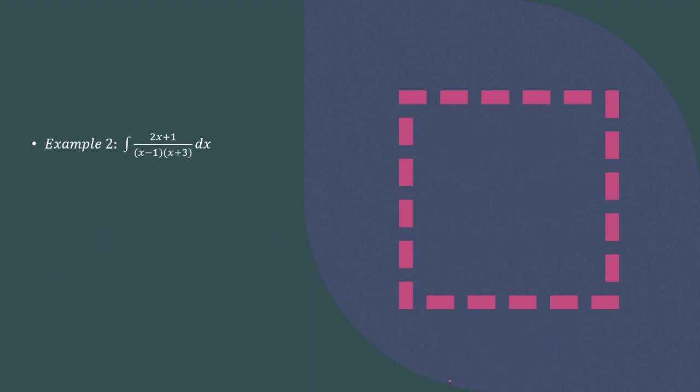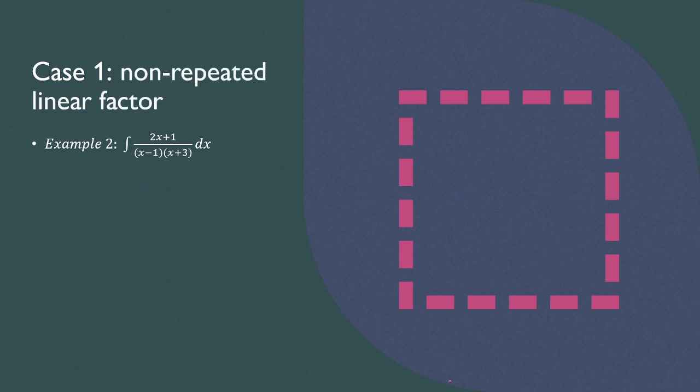Alright, let's go with example number 2, which is also a non-repeated linear factor. This one, it's already obvious that it's a non-repeated linear factor since the factors are x minus 1 and x plus 3. So to rewrite that one, 2x plus 1 over x minus 1, x plus 3 is equal to a over x minus 1 plus b over x plus 3.